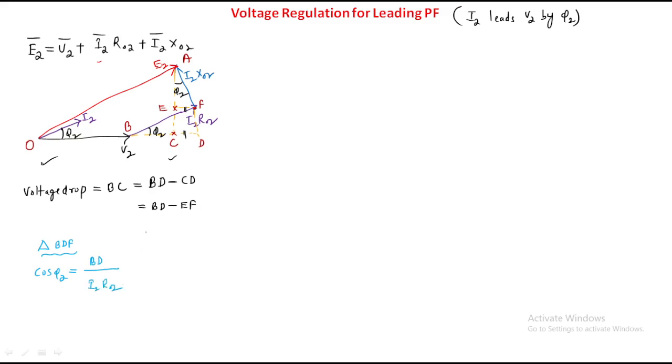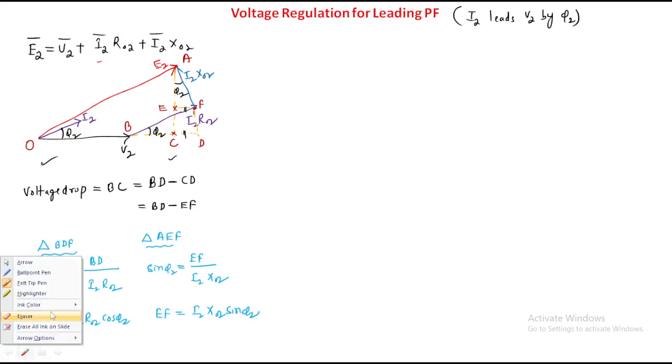Like that, triangle AEF. These are the total mathematical approach. Just go through this. Now this is EF by I2 X02. So from this BD is equal to I2 R02 cos phi 2, and EF is equal to I2 X02 sin phi 2.